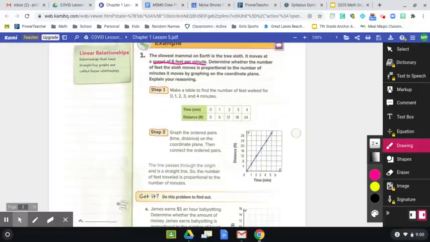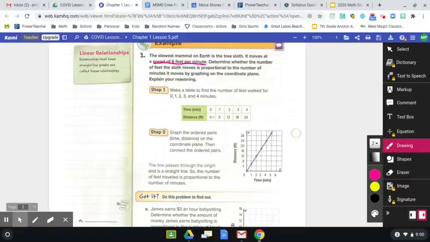Well, in 0 minutes, has the sloth moved any feet? No distance. So 0, 0 right there. After 1 minute, the sloth has moved 6 feet. So at 1, 6 feet. At 2 minutes, the sloth has moved 12 feet. 3 minutes, 18 feet. And 4 minutes, 24 feet.